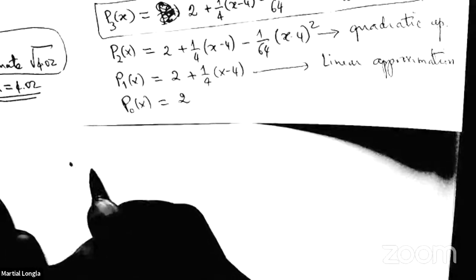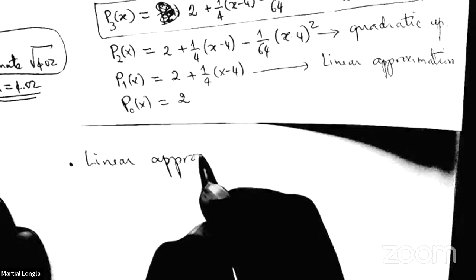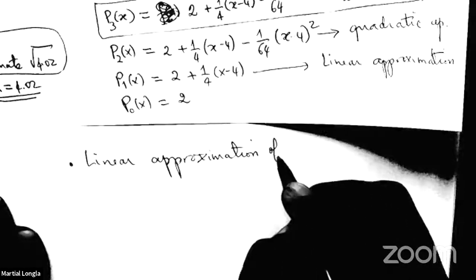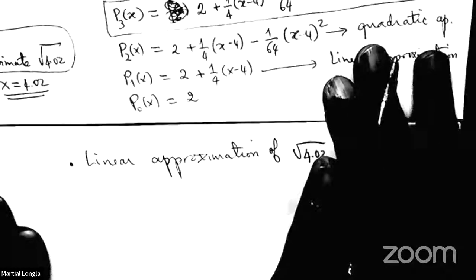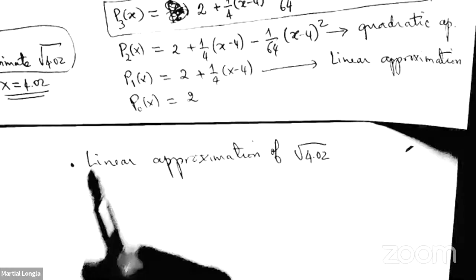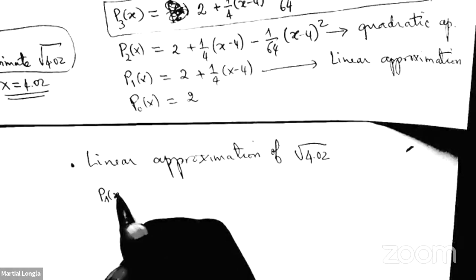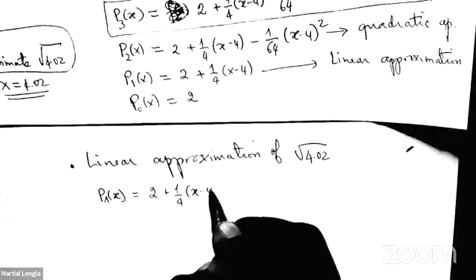If we are looking for linear approximation of square root of 4.02, then we are going to take P1 of x, which is 2 plus 1/4 times x minus 4.